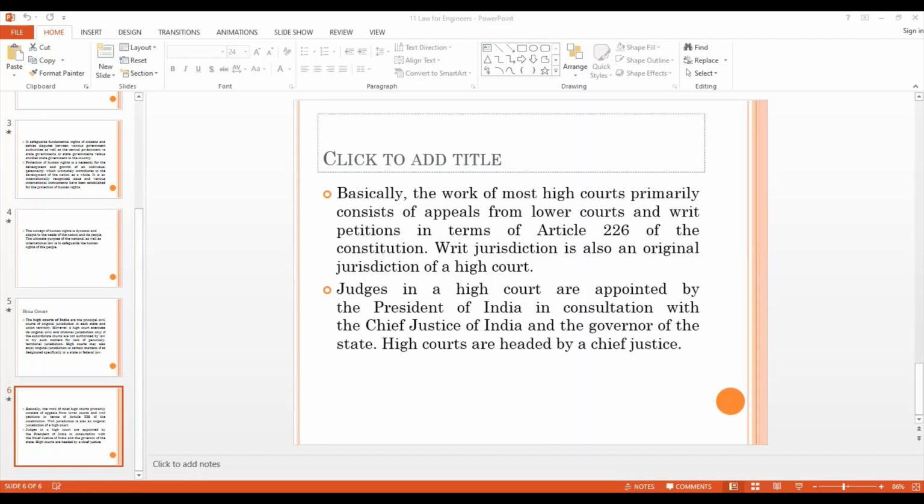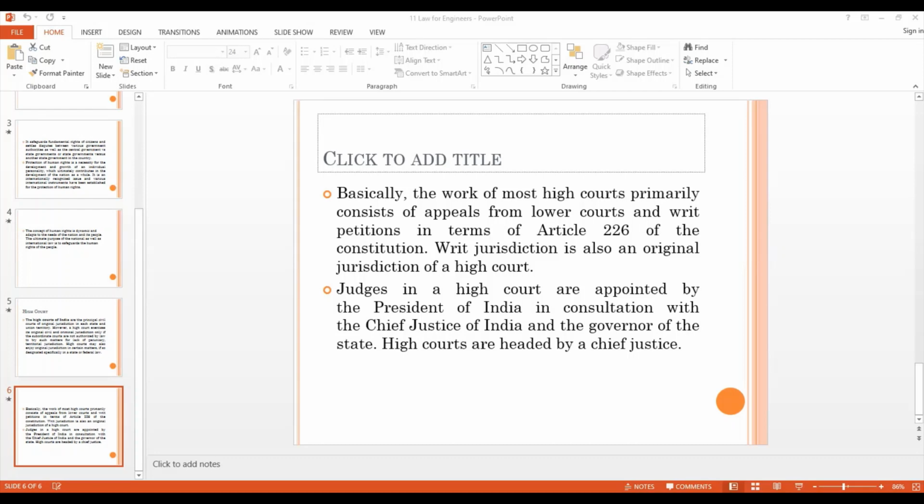The Jammu Kashmir High Court has jurisdiction over Jammu Kashmir and Ladakh. The Kerala High Court has control over Kerala and Lakshadweep. The Madras High Court covers the state of Tamil Nadu and Puducherry.